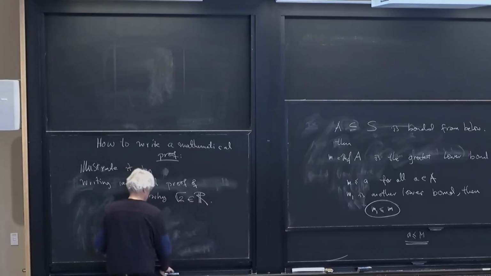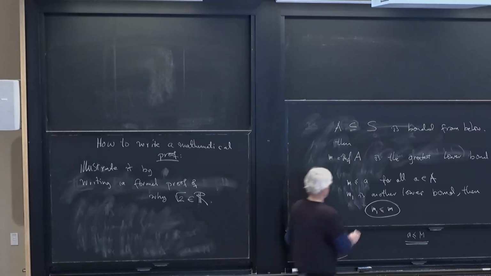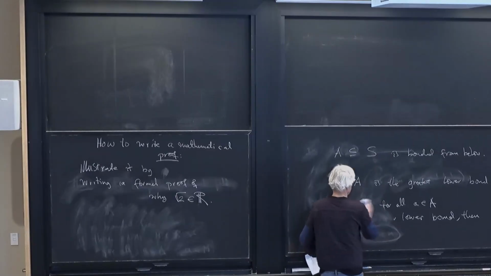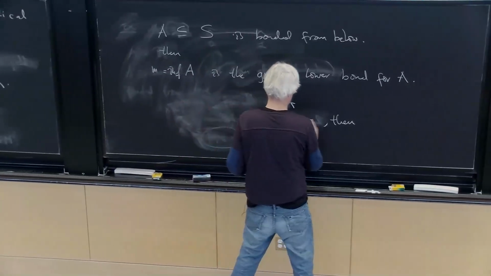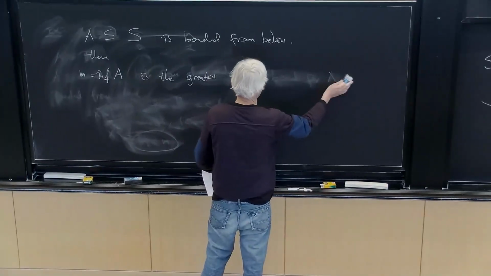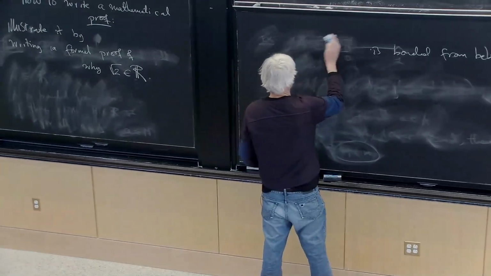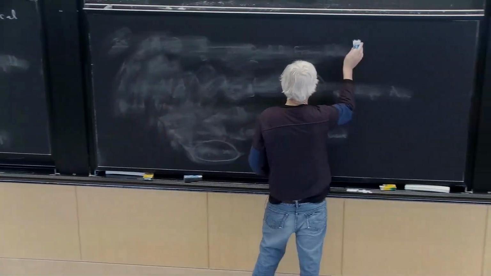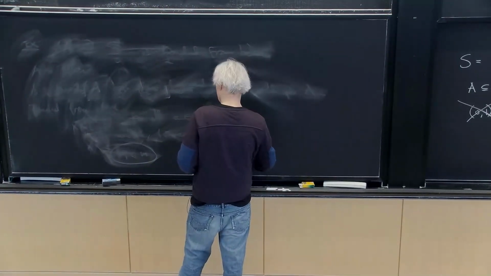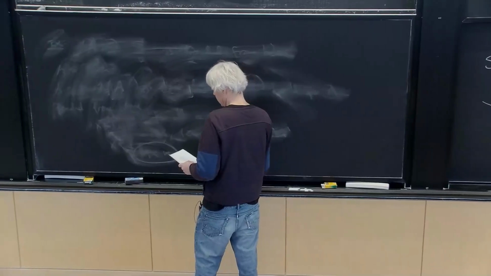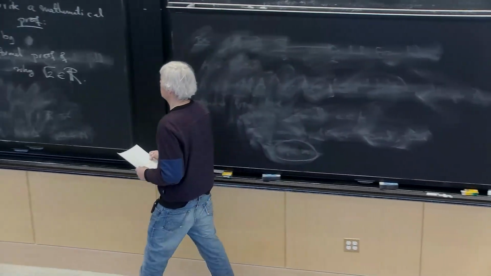So let me try to explain how you should write this. And again, this is a very simple example, but hopefully it will give you an idea of what to do. This is a really important part of this class that you're bound to use in many other classes later on.